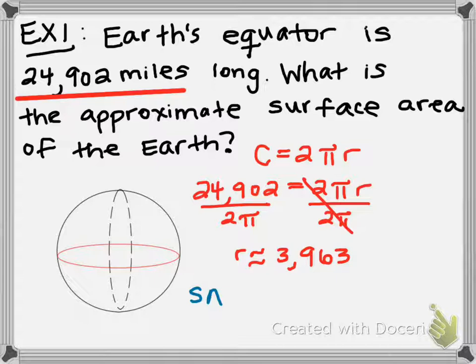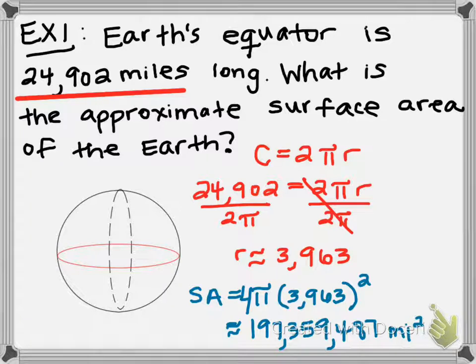Now to finish up the problem, I actually have to figure out what the surface area is. I know it's pi. Oh, it's 4 pi. Let me go back. All right, now I've added that 4 in there. So we have to square the radius first, because remember with PEMDAS, exponents come before multiplication.